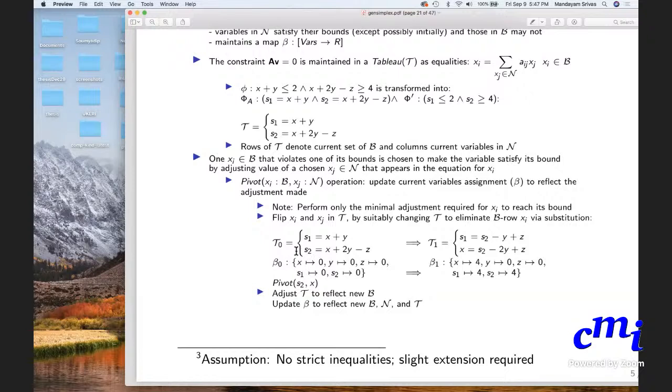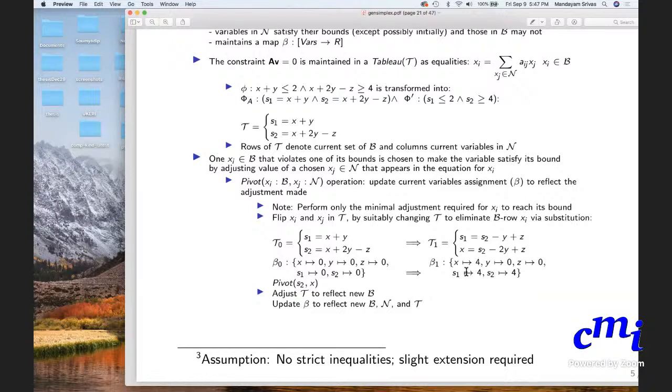The basic variable that got pivoted is set to the lower bound or upper bound that it was violating. In this case, S2 is set to 4, and X is whatever adjustment was needed.